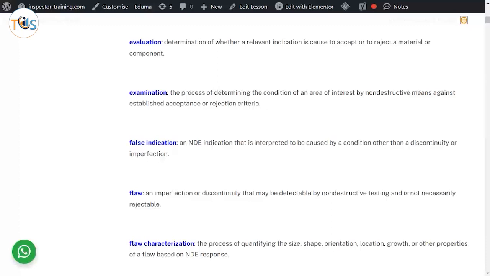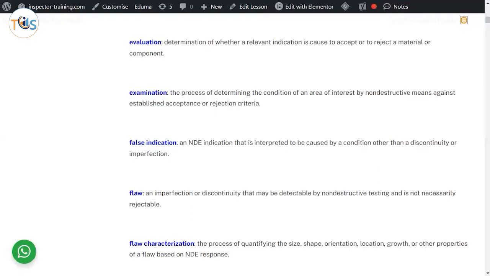For example, there was dirt there, or the NDE was too sensitive and it took some spurious indication, some noise, which was not relevant. So that's called false indication. False indication also is a non-relevant indication.